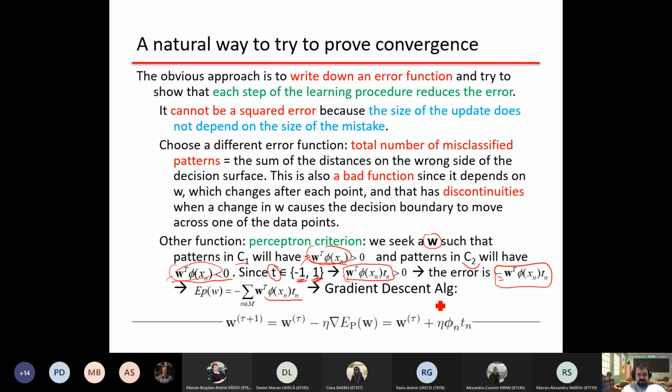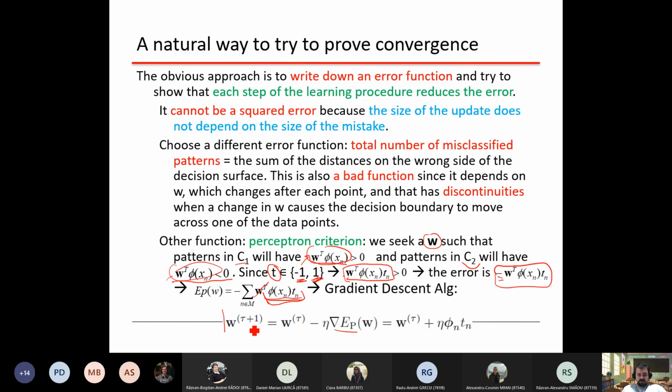Based on gradient descent, the rule of updating the weights is: W at step tau plus 1 is W at step tau minus eta times the gradient of this error with respect to W. If we differentiate this with respect to W, the W disappears and only this product remains, phi of xn tn.